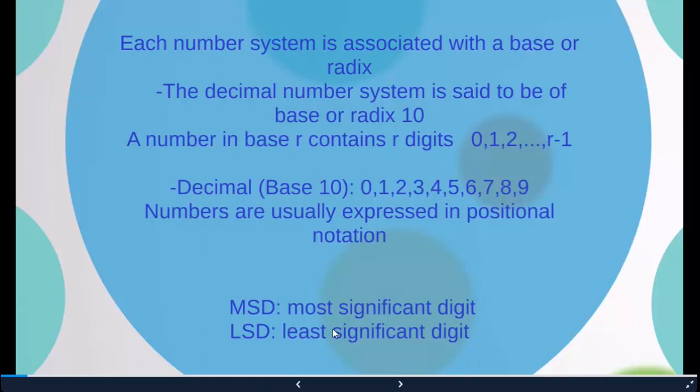is considered, let's say for example your number is 0100.